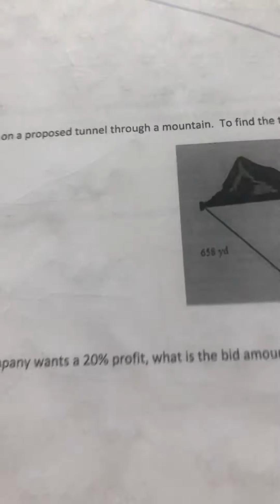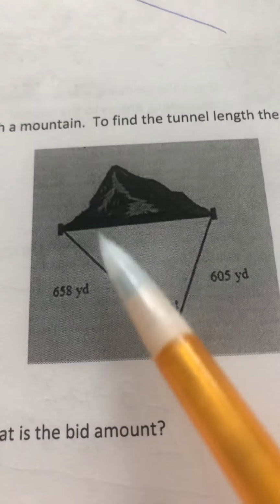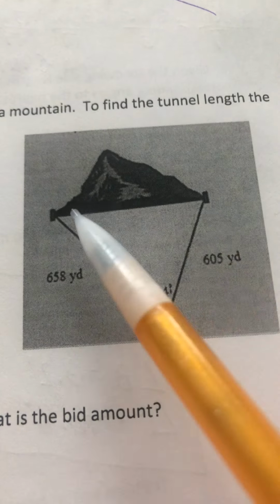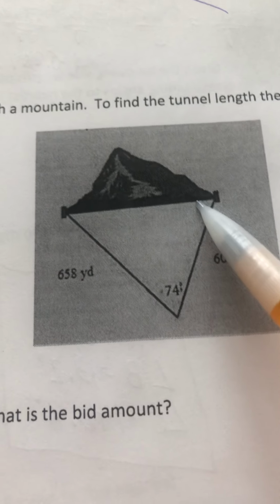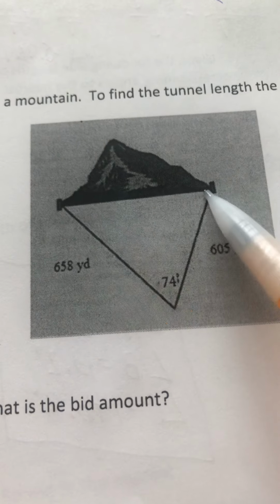So then jumping down to number 5, and this will be the last one where we won't do the second page. Okay, so you have to find the length of the tunnel. So here it is. So you can pick any version of the formula you want. You're solving for a side length.